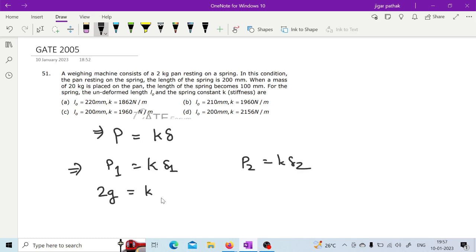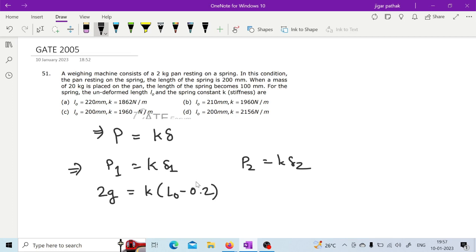So in case of the 2 kg load, the length of the spring is 200 mm, so the deflection is L0 minus 0.2, right?